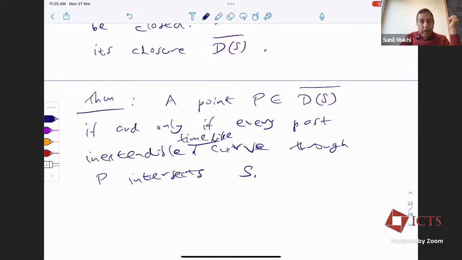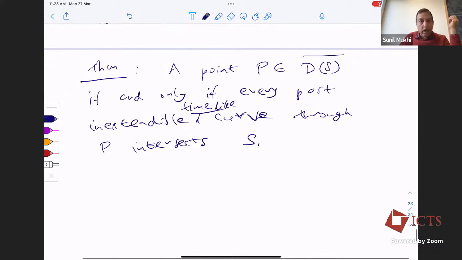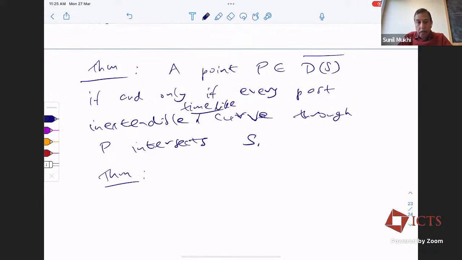Now, it's good that I defined closure. Now let's look at some properties of the boundary of this closure. Okay, so this is another theorem.